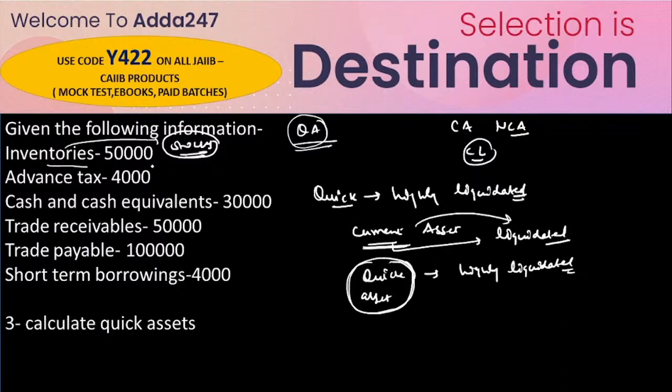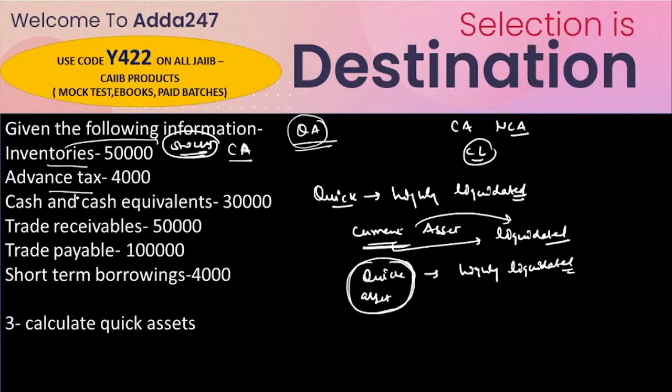So that is not considered a quick asset. Meanwhile it is considered a current asset. So inventory is a current asset, but not a quick asset.